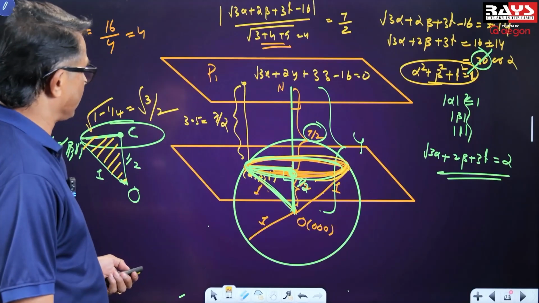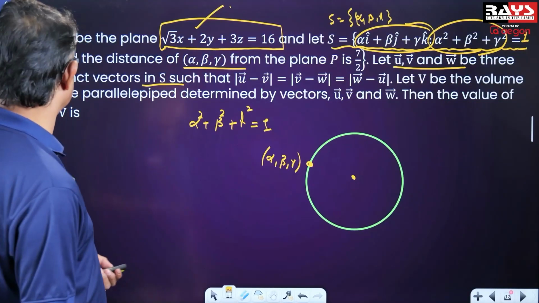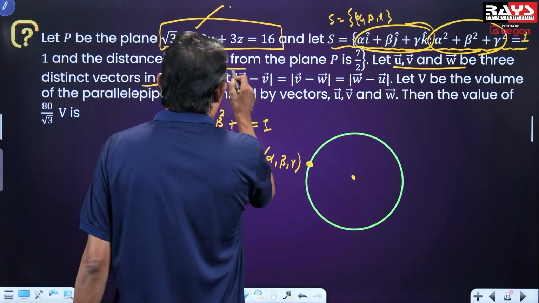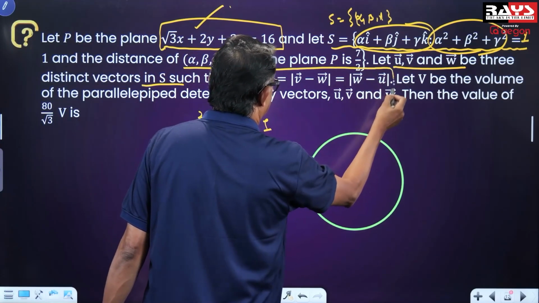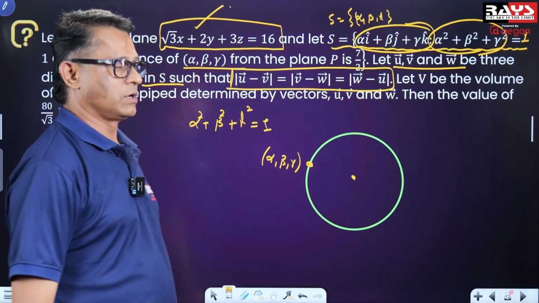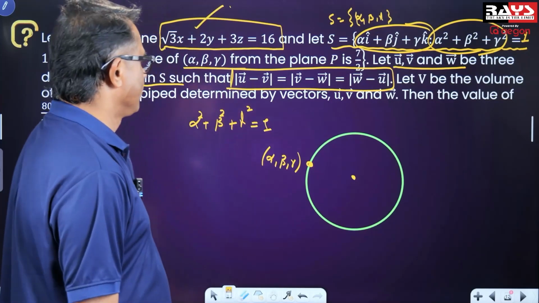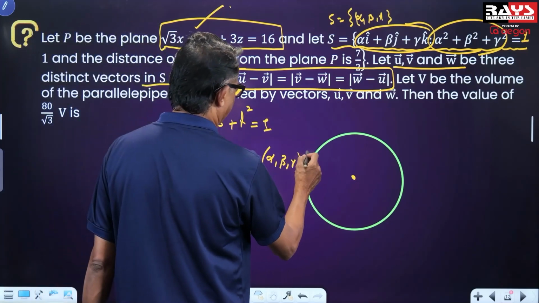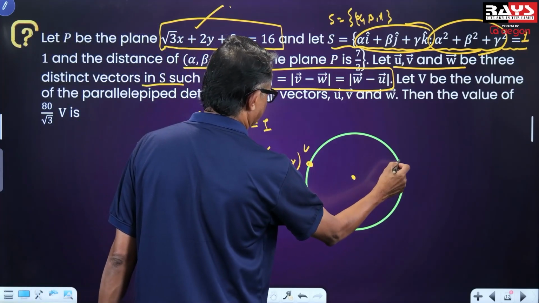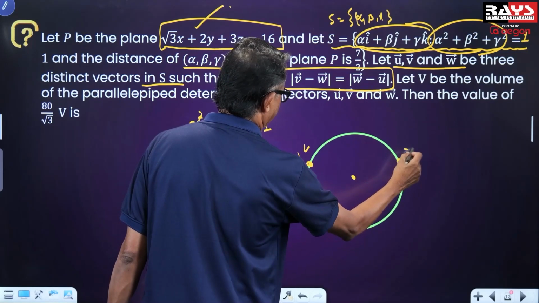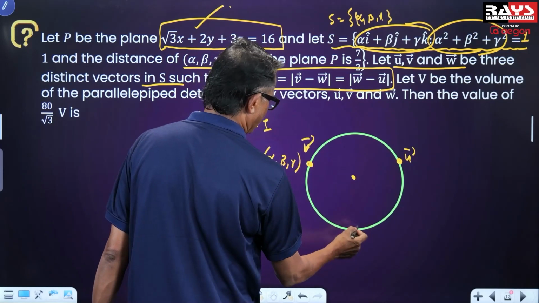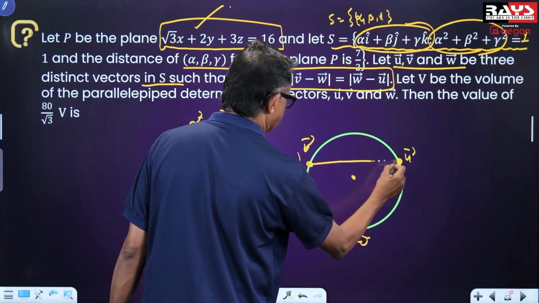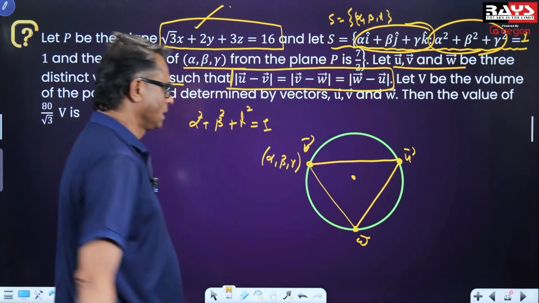U, V, W are 3 distinct vectors in S such that, what is the condition? Modulus of U minus V equal to modulus of V minus W equal to modulus of W minus U. That means, for example, suppose U is this point, V is this, and W is this, this distance and this distance will be equal.